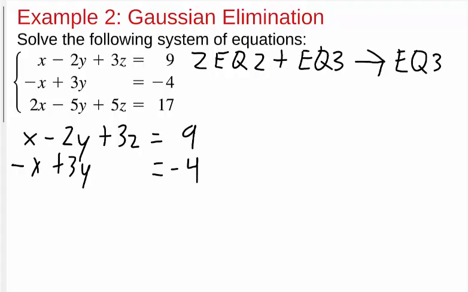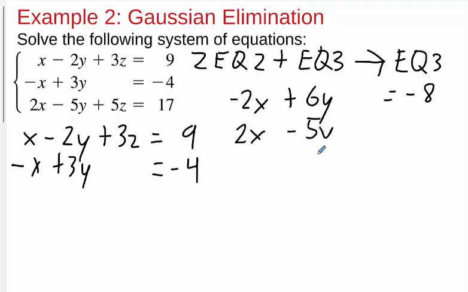All right, we're going to multiply the second equation by 2, so we get negative 2x plus 6y equals negative 8. And our third equation, we're going to add those two, so we keep that the same, 2x minus 5y plus 5z equals 17. So we're going to add those two.